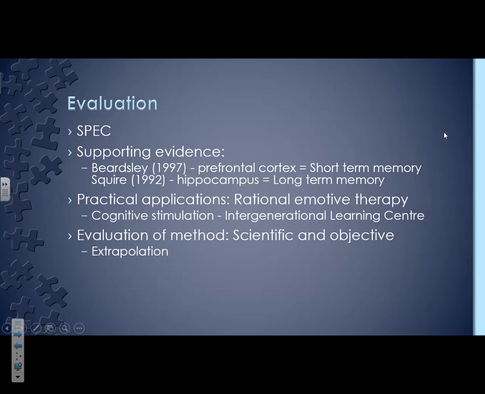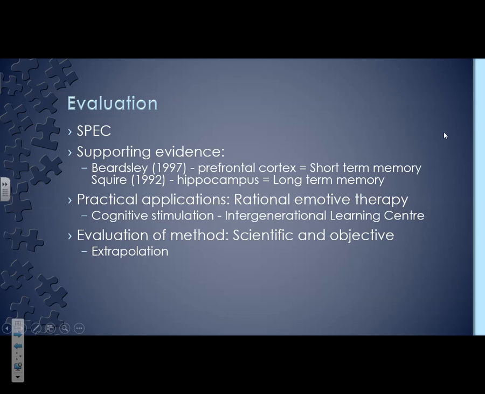A weakness, and it's absolutely key, you must note this one down. I would pick this one over scientific objectiveness, but if you could mention more than one, that would be great, is extrapolation. Previously in the behaviourist approach, we've talked about extrapolation from animals to humans. Here, a weakness of the approach is that there's issues with extrapolation.